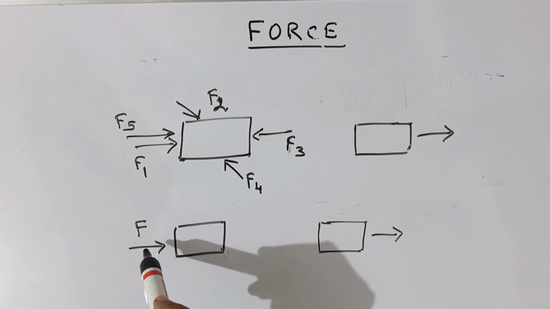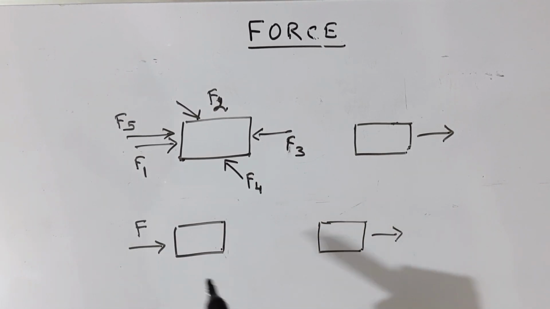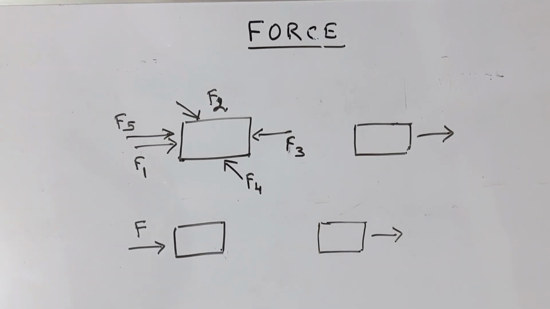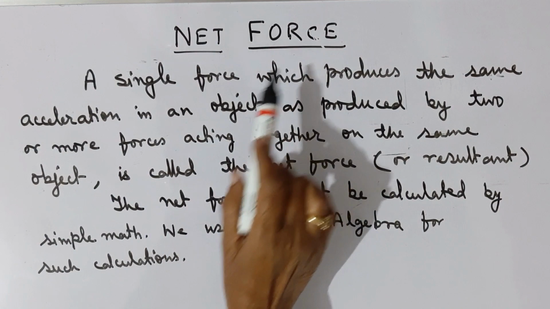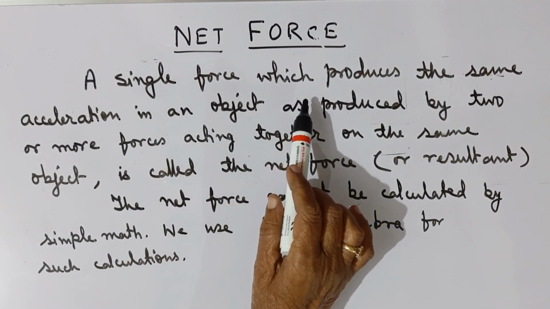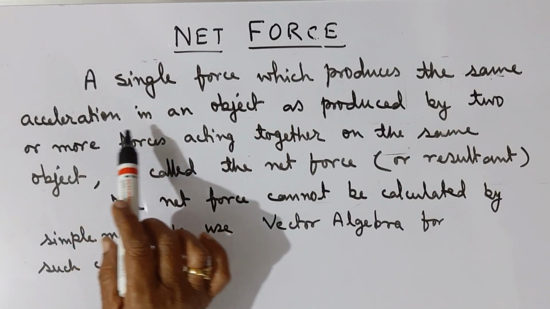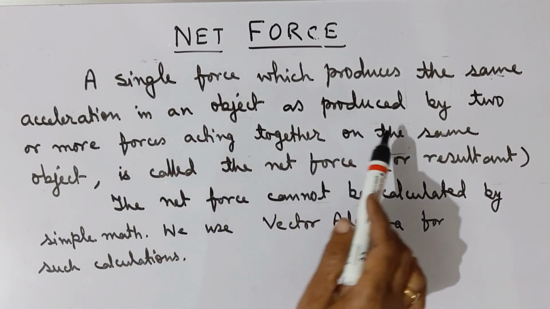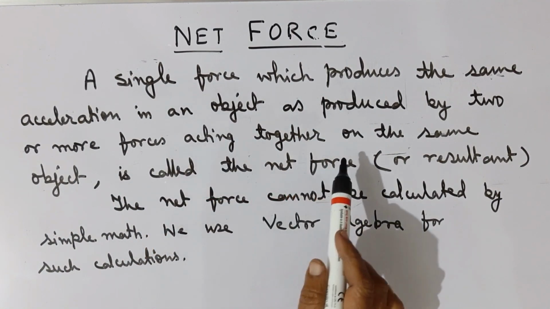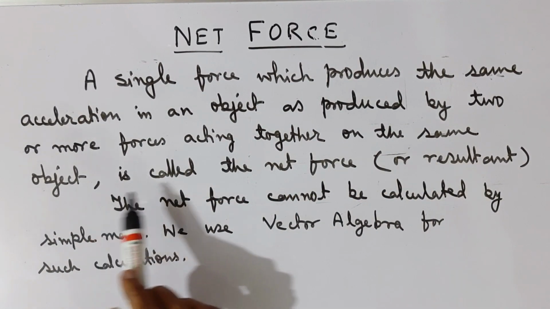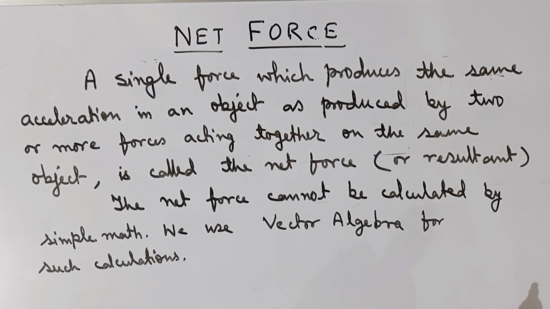Such a single force is called the net force or the resultant force. So now we define net force. A single force which, acting on an object, produces the same acceleration as produced by two or more forces acting together on the same object is called the net force or the resultant force.